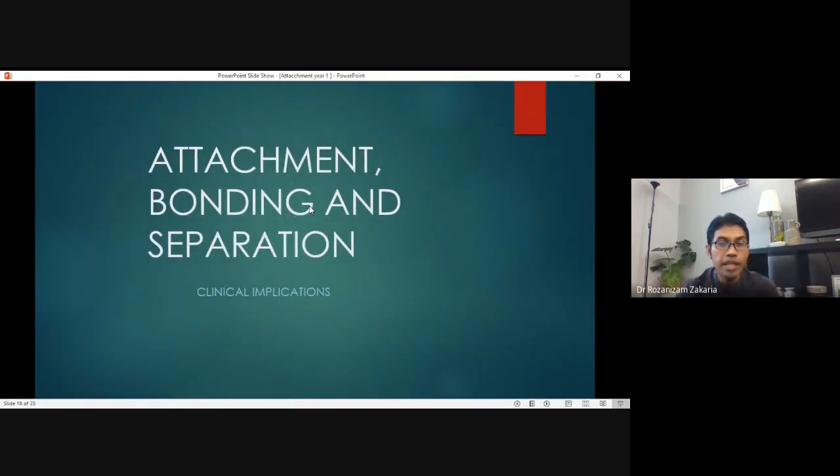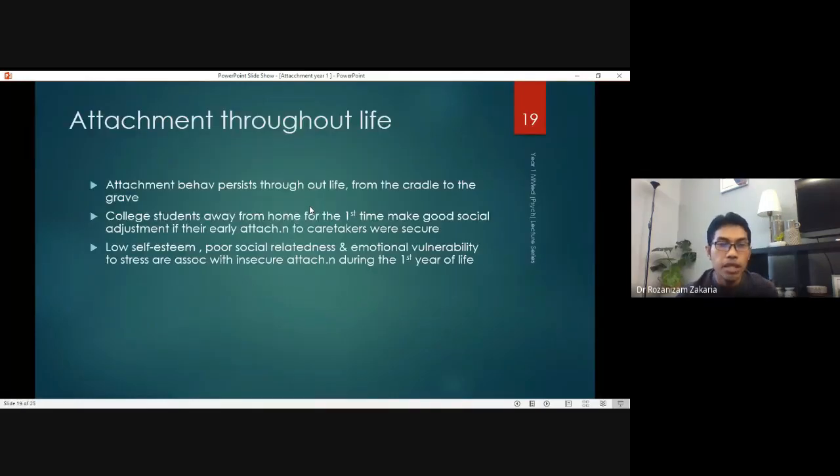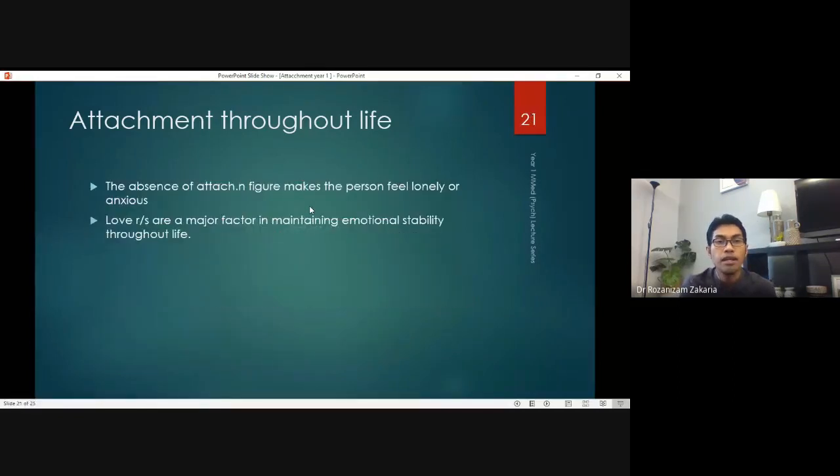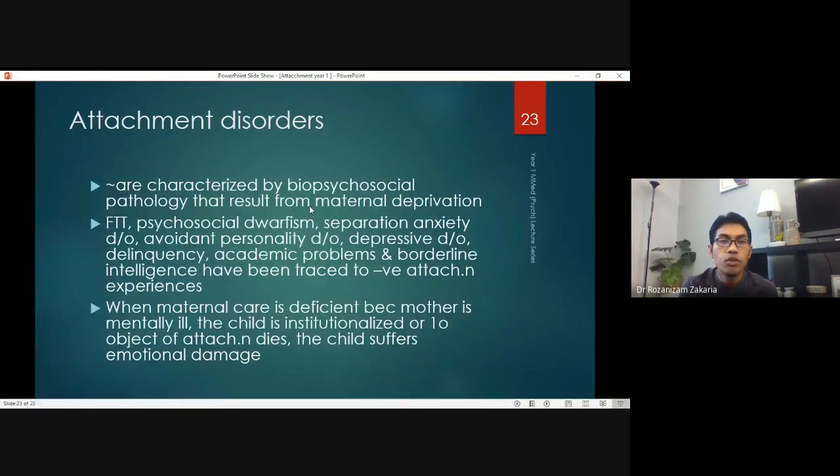So the clinical implication, just a little bit of it, as I highlighted, it's important in your development of self-esteem, social relatedness, emotional stability. So attachment influences this psychological development. Those who have attachment problems can have attachment disorders.